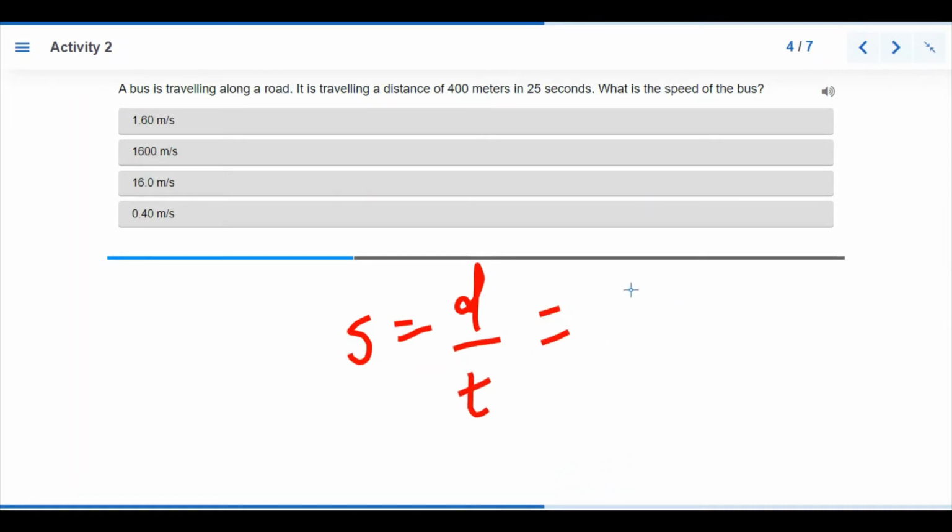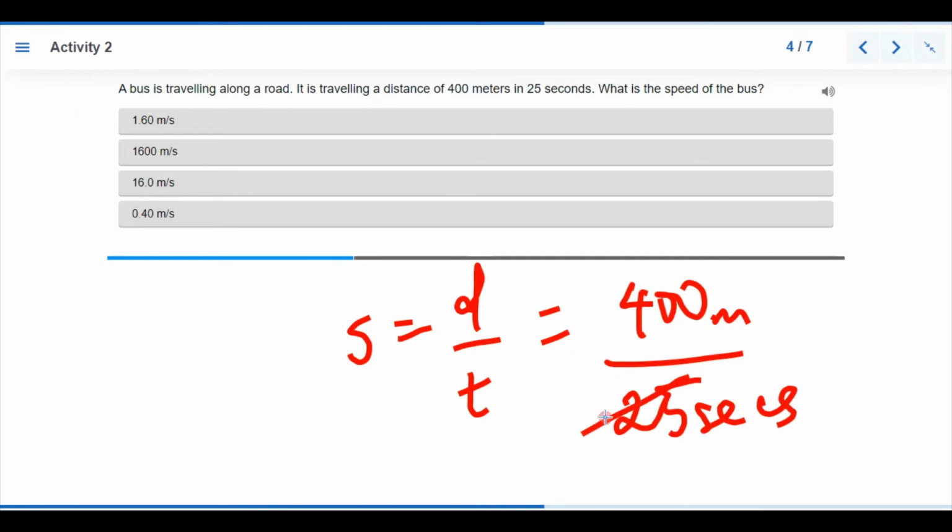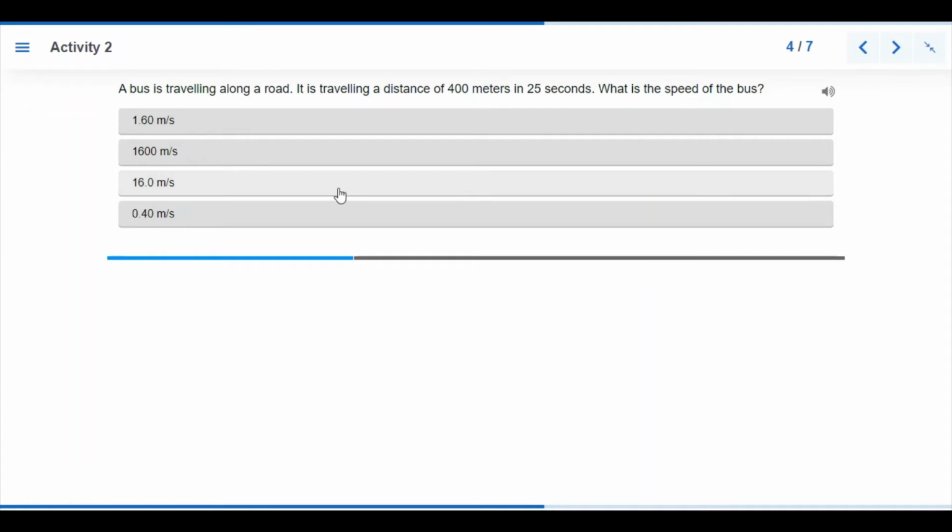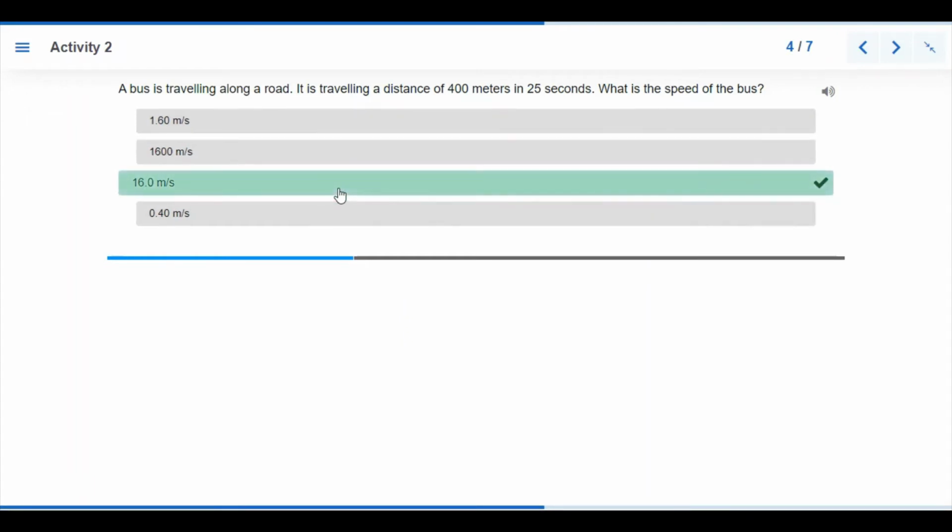And distance here is 400 meters, all divided by 25 seconds. So we have 16 meters per second. Is it part of the option?